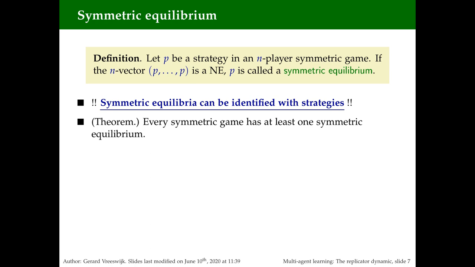Now, from John Nash, we know that every game in normal form has a Nash equilibrium, but it's also a theorem that every symmetric game has at least one symmetric equilibrium. However, symmetric games can have asymmetric equilibria. This is very important for your programming exercise.